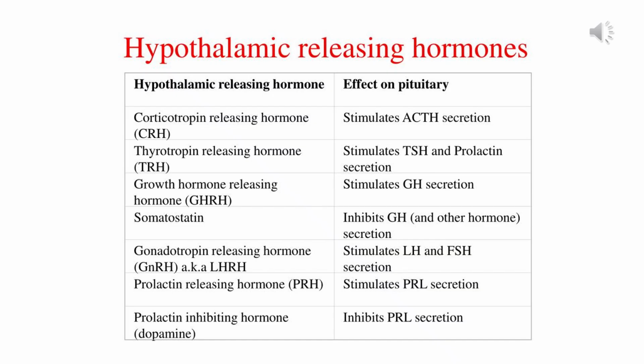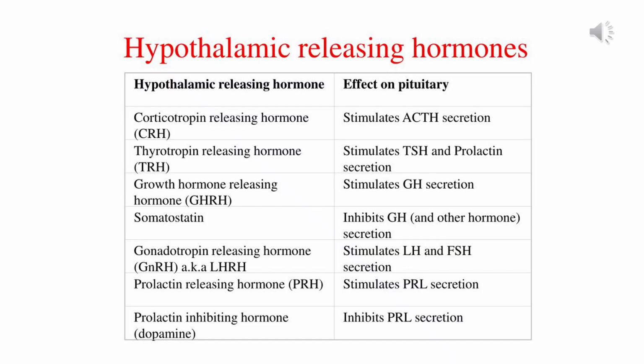The next one, growth hormone releasing hormone, GHRH. Obviously, this is going to bind at the somatotropes of the adenohypophysis, prompting them to release growth hormone. Somatostatin is the other word for growth hormone inhibiting hormone, GHIH.